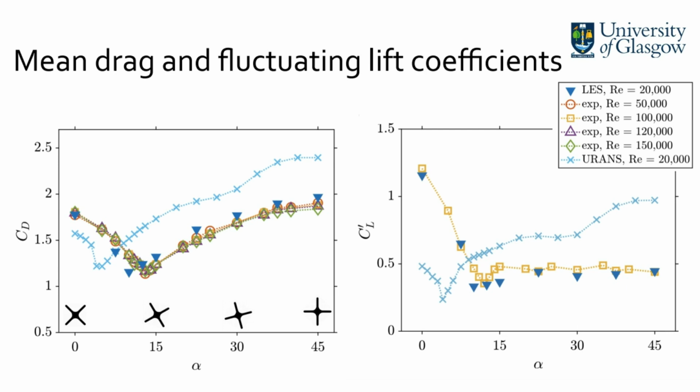From these plots, we can also notice that at one particular orientation, we see the minimum value of the drag force coefficient and the minimum value of the fluctuating lift force coefficient. This angle is known as the critical angle. The other aerodynamic quantities, which are not shown here, also reach extrema at this one particular orientation.